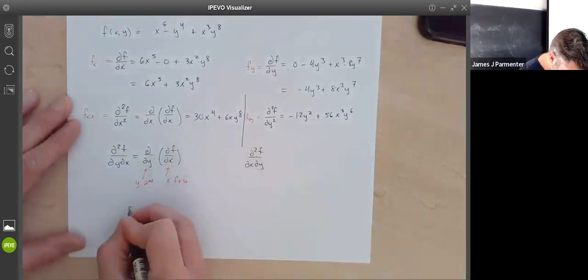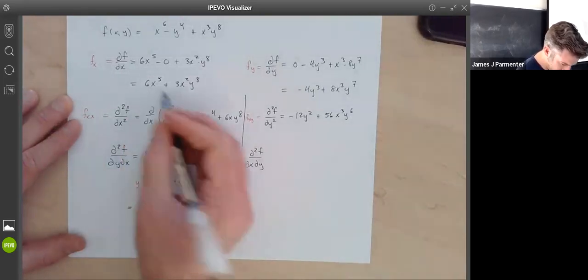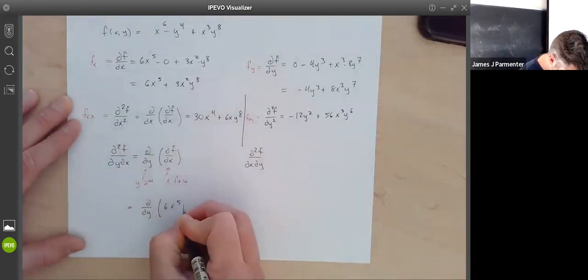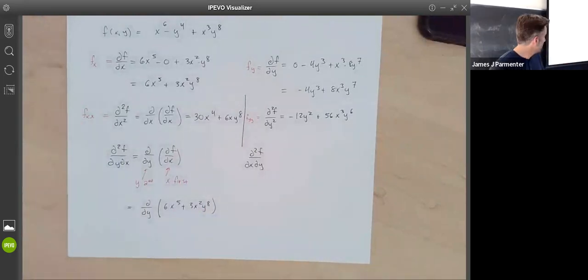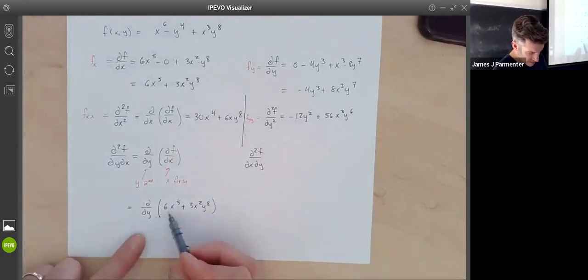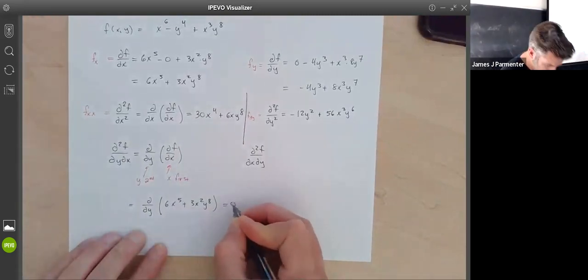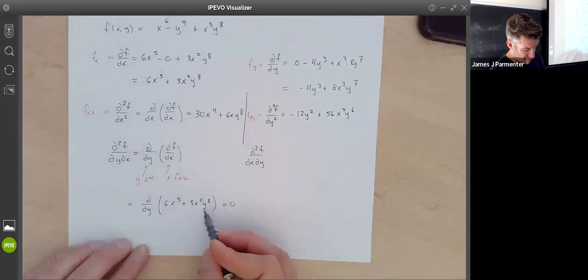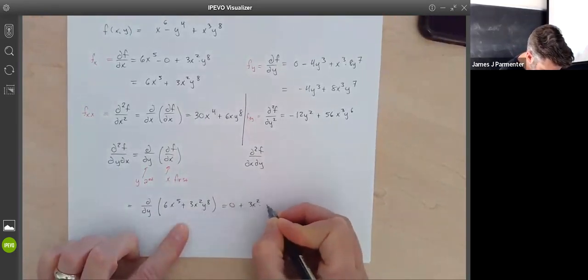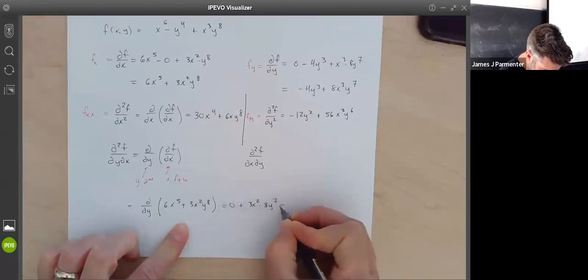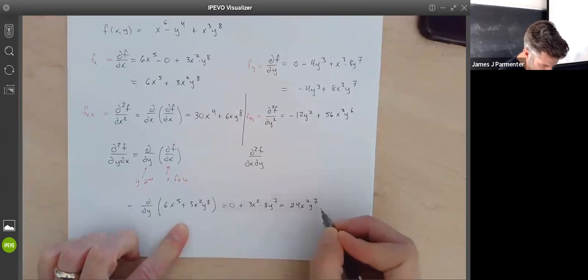So that's going to be del y of del f del x, which isn't too bad. The derivative of 6x to the fifth with respect to y is 0. The derivative of 3x squared y to the eighth with respect to y is 3x squared times 8y to the seventh, which is 24x squared y to the seventh.